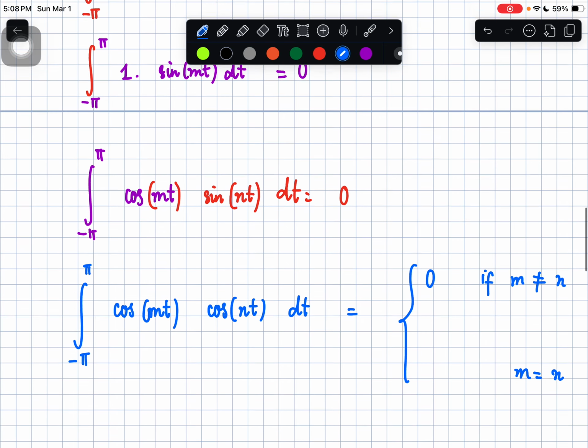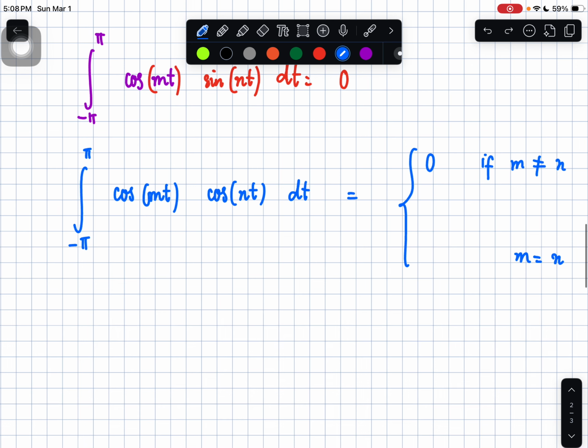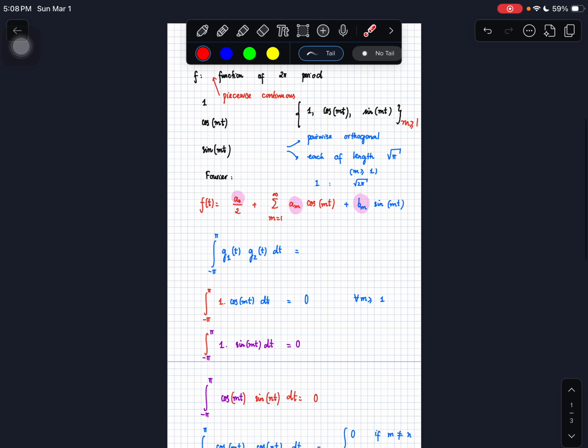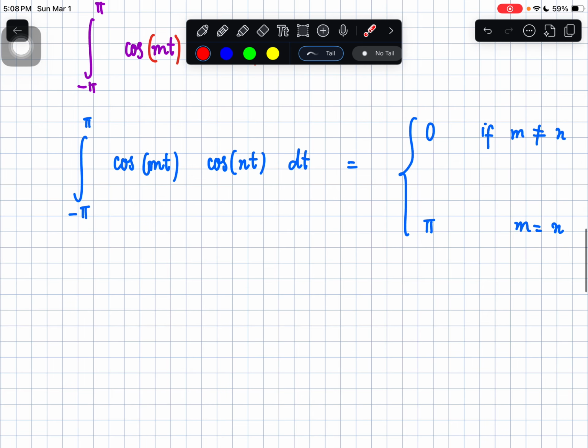As we talked before, you think of that as length square root of pi, so this gives us pi. That is an easier way to remember all those formulas without needing to compute them again. You can verify these by doing the computation.